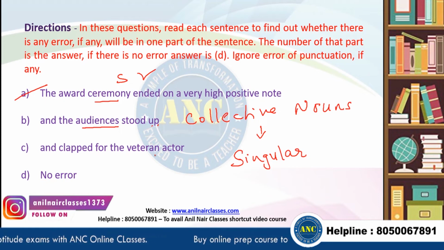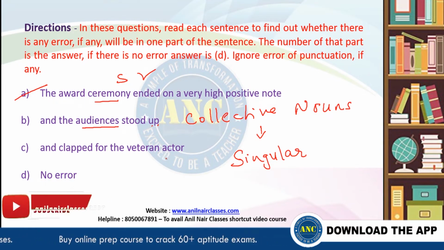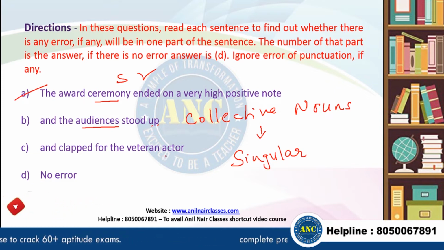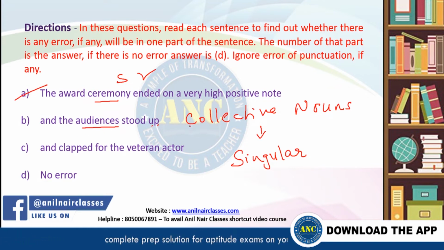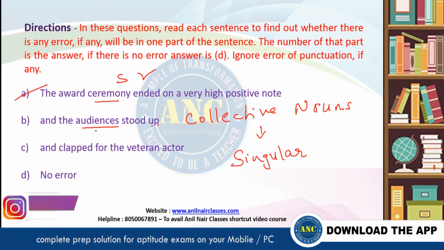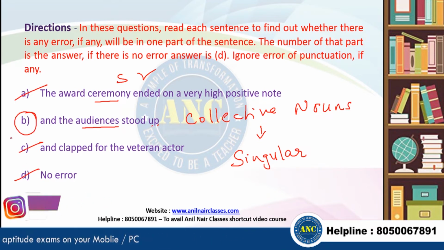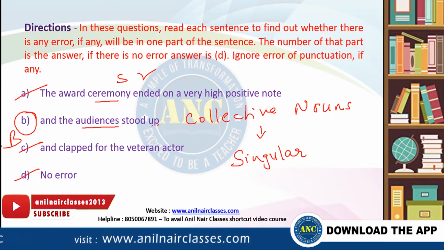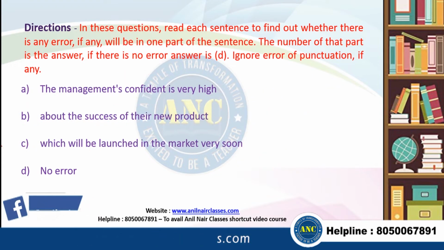Audience could be 5 people, 10, 20, 40, 50, no matter how many people there are, you will still call them audience only. Clear? So this is the error over here. It's a collective noun, always present only in the singular form. So we can easily get rid of C and D. Your right answer is B. Clear? Before we move ahead, remember, collective nouns are always singular. They are uncountable. Let's move ahead to the next.